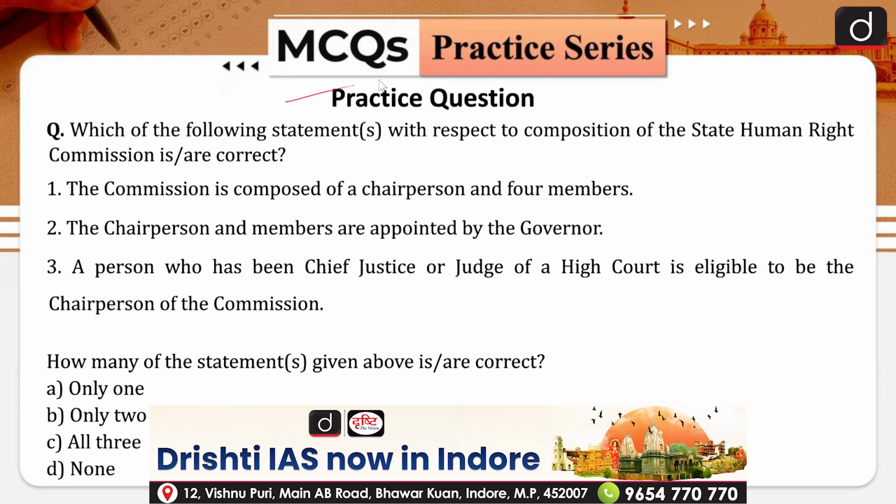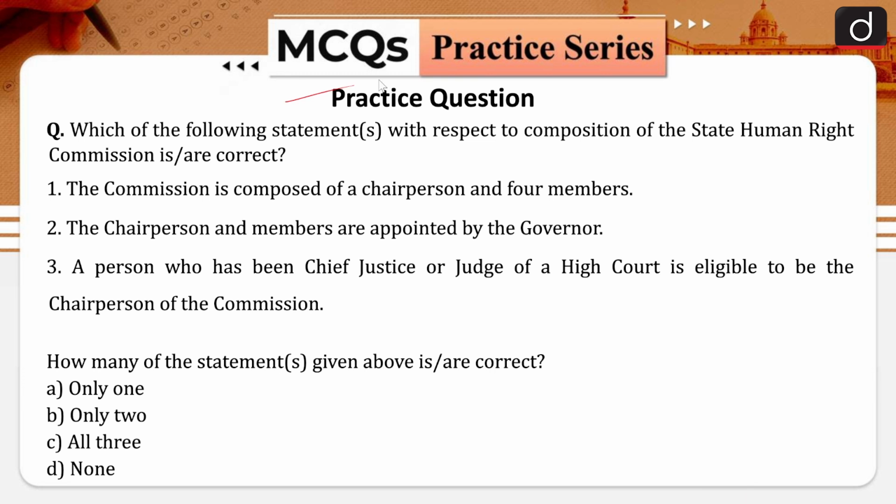Now, this is the practice question for you. So, the question is, which of the following statements with respect to the composition of the State Human Rights Commission are correct? Statement number 1 is, the commission is composed of a chairman and 4 members. Statement number 2, the chairperson and members are appointed by the governor.